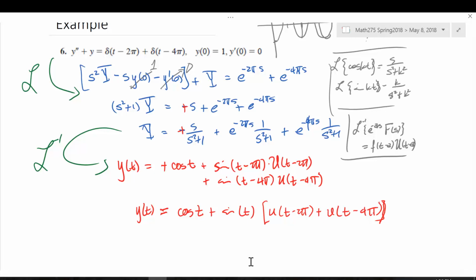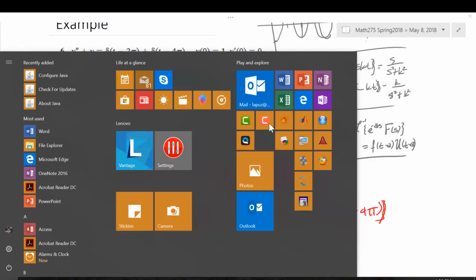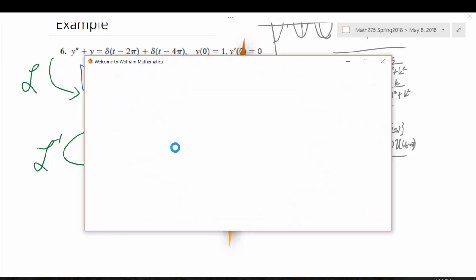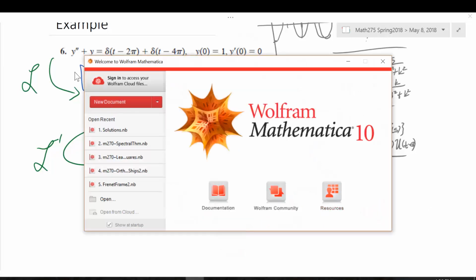All right. I think if I do graphing calculator, I have to define the unit step function, whereas Mathematica has it built in.